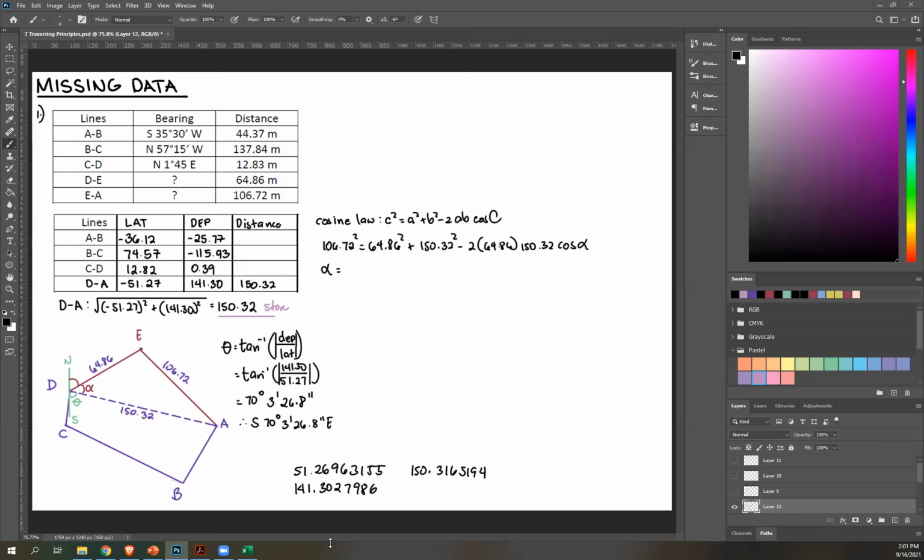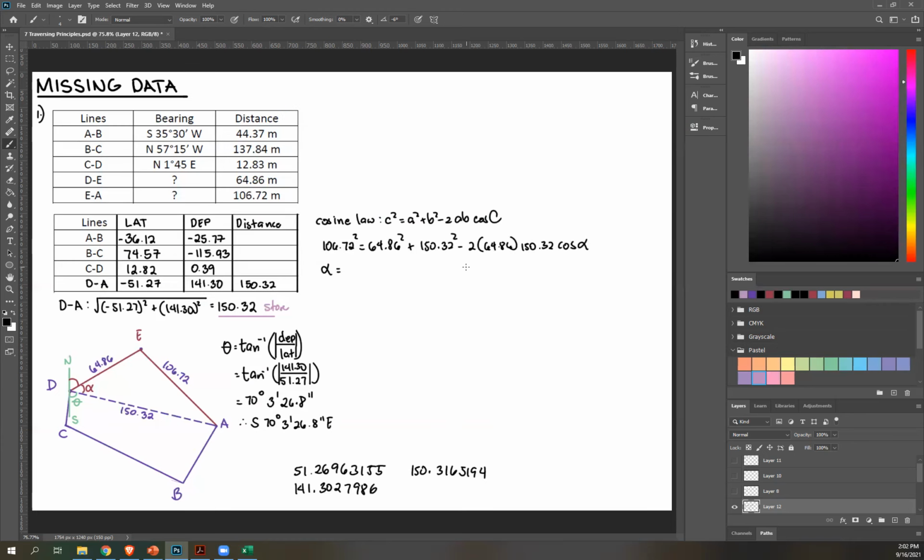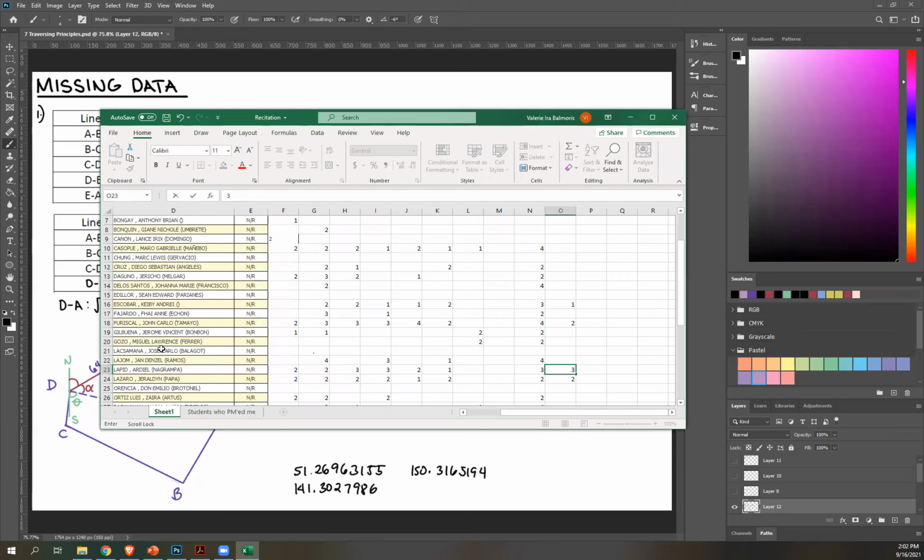Correct, RDL. Wells. Again, degrees, minutes, seconds. Correct, Kian.